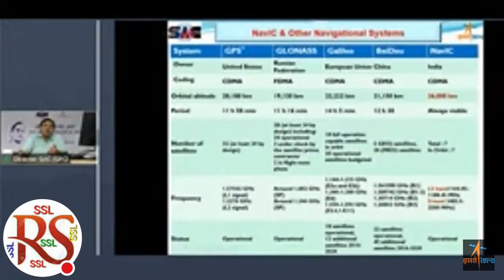So now in the world, you will have 1, 2, 3, 4, 5, and there is a 6th one from Japan, called QZSS. Although it is also a regional service like our Navik, it is a limited service, so we are not including it in this table. But overall, there are these 5 major services available in the world, and India is one of them.